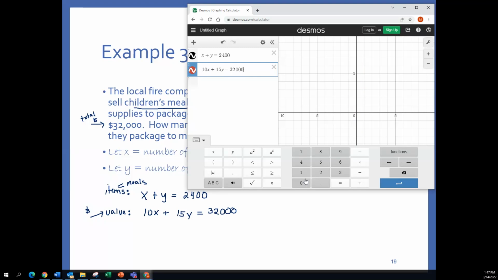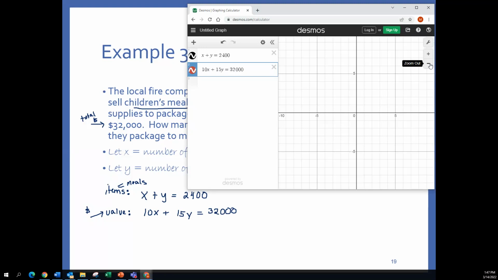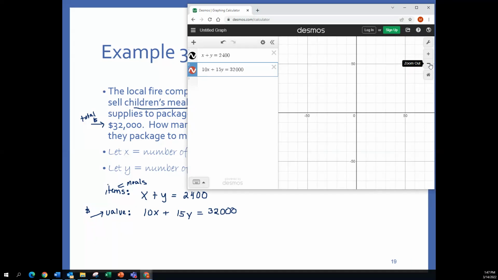All right. So once again, I don't see anything on my graph, and that's because my numbers are bigger than what the graph is showing me. So I can use the zoom out with the little minus here, and you can see that it's just jumping and zooming out. I can also use my mouse and scroll down, and that will help me as well.